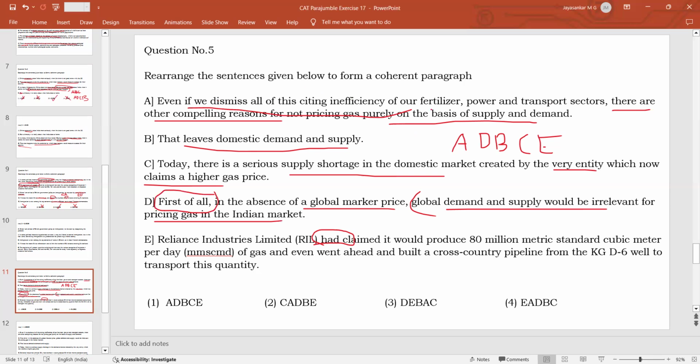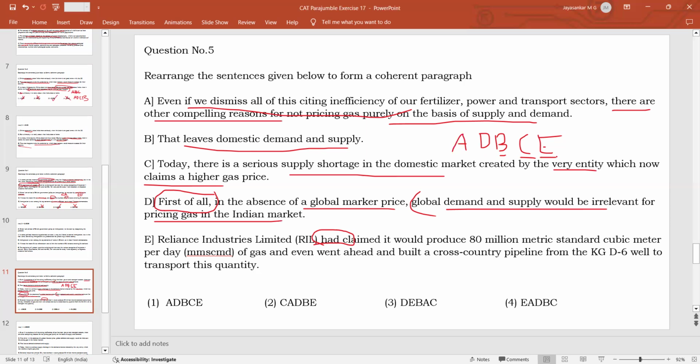And even if we dismiss all these issues, there are other reasons for not pricing gas purely on the basis of supply and demand. And first among these reasons, so other compelling reasons, first of these reasons. So first of this reason is global supply and demand has lowered the relevance to the Indian market. That leaves domestic demand and supply. Even in domestic demand and supply, there is a supply shortage created by a company which had claimed that it would produce a lot of oil and had actually went ahead and created an oil refinery. Still, they did not live up to the claim.